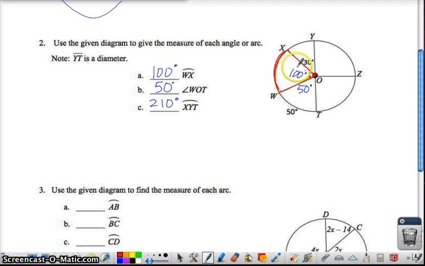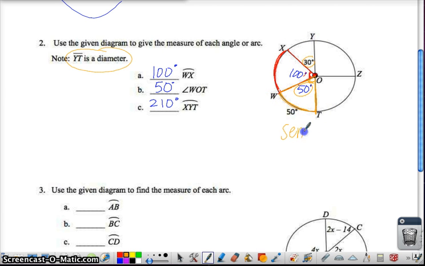Well, you're probably asking, how did you know this is 100 degrees? Well, if you see in our next arc, WT is 50 degrees, therefore this angle must be 50 degrees right here. And if this is 50 degrees and this is 30 degrees, well, it says over here that YT is a diameter, therefore from Y to X to W to T, this is a semicircle.